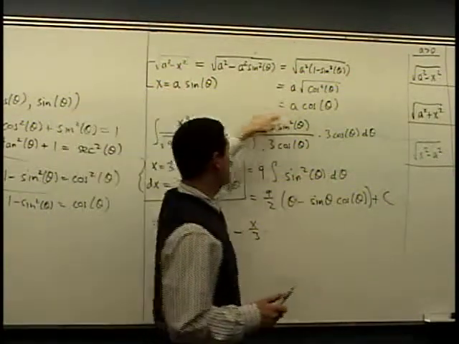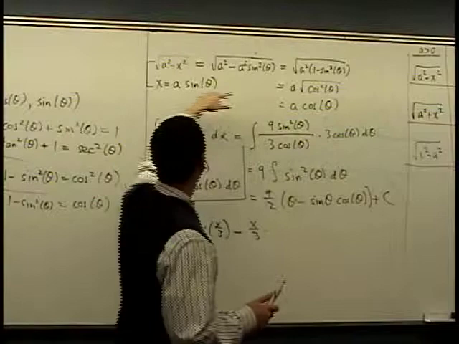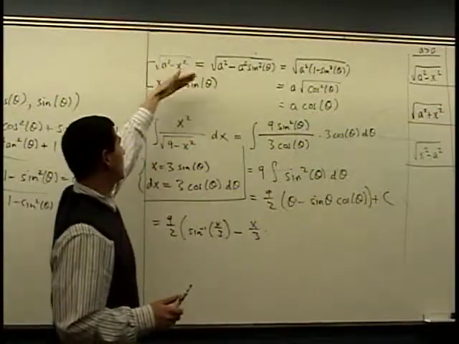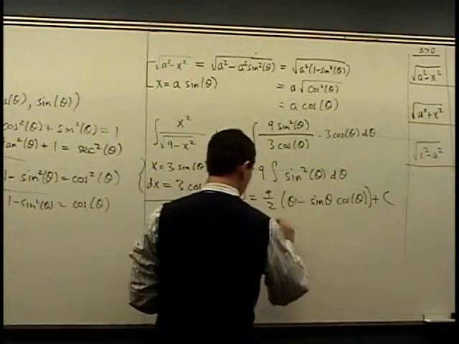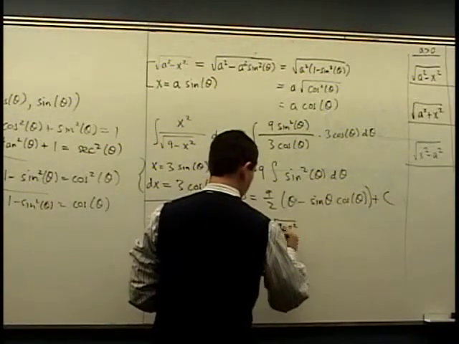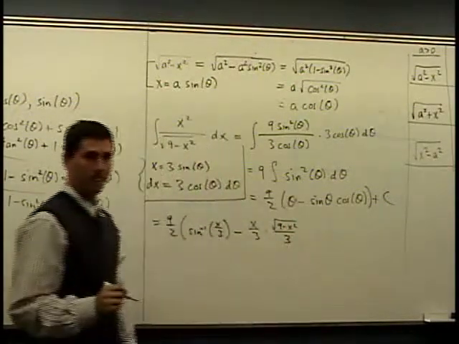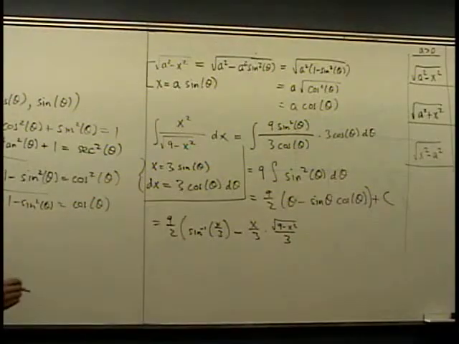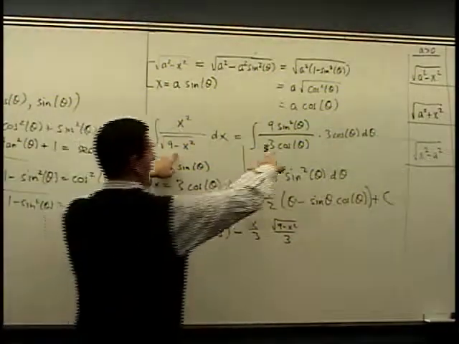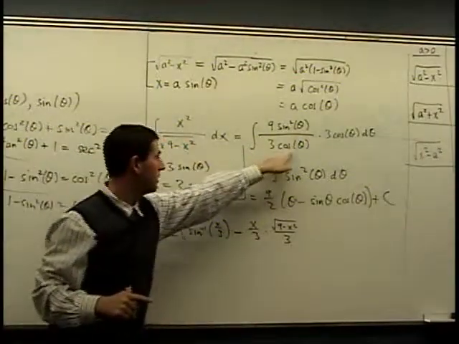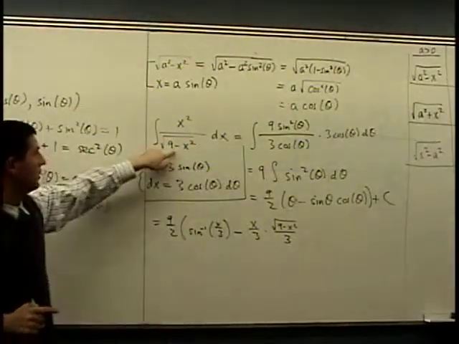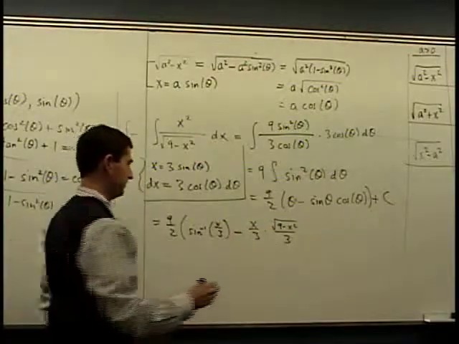So if you divide by 3, cosine of theta is the square root of 9 minus x squared divided by 3. That's the way we replaced the square root of 9 minus x squared, with 3 cosine theta. So if you divide by 3, you get back cosine theta.